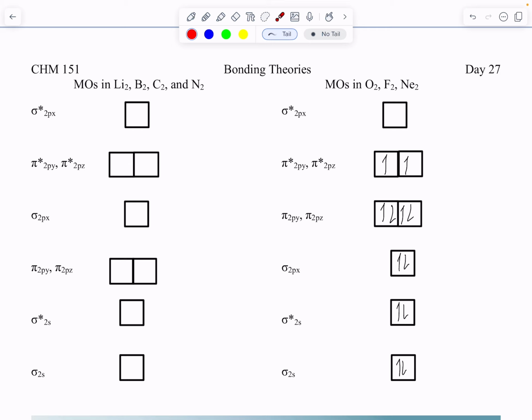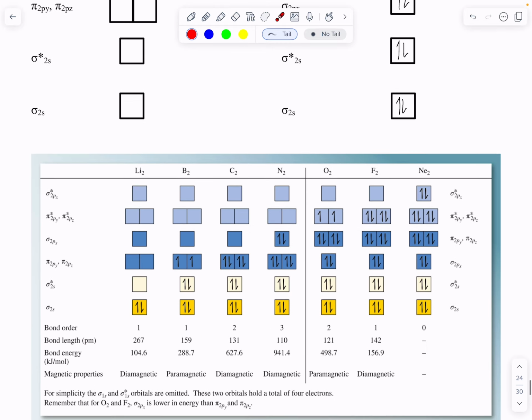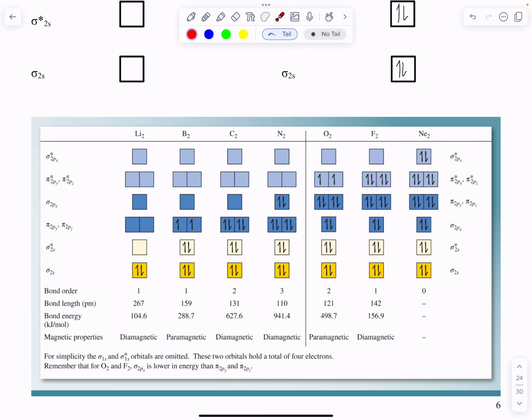Now, again, I'm just showing you how that works. These are the MOs of all of them, right? From lithium to neon, okay? And it tells you diamagnetic means there's no magnetic properties. Paramagnetic means there is a magnetic property. So B2 does. Carbon's not. Nitrogen's not. Oxygen's magnetic. Fluorine's not.